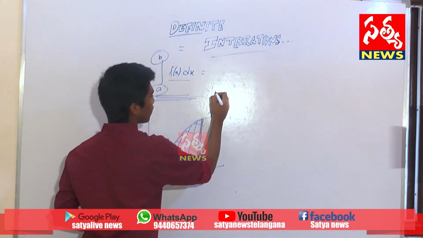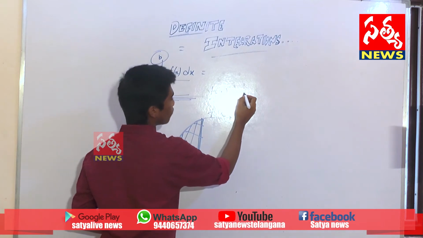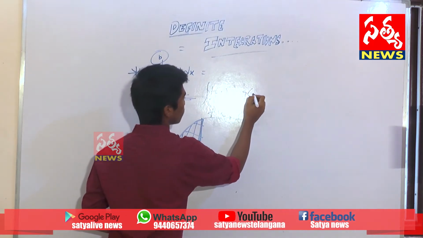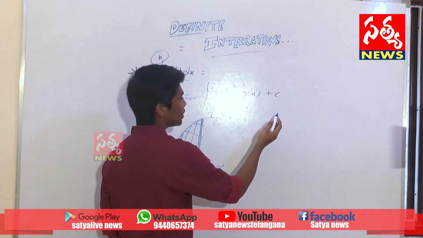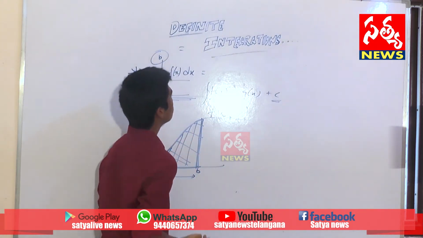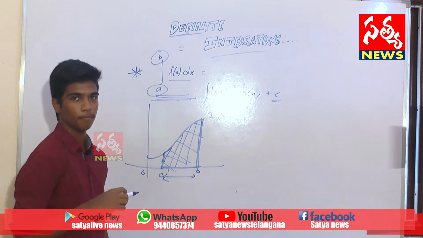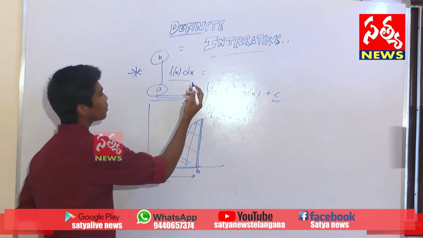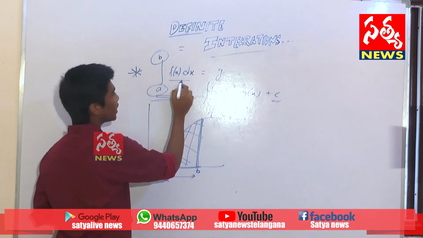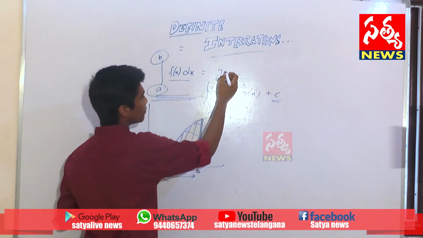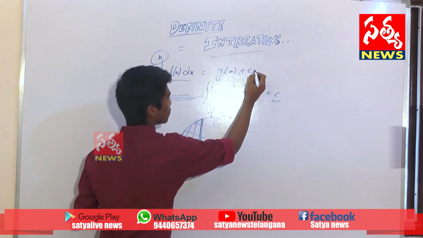Let us assume that after integrating f of x, it will become g of x plus c. In indefinite integration, we write plus c, but in definite, we will not. Because after integrating f of x dx, it becomes g of x plus c.